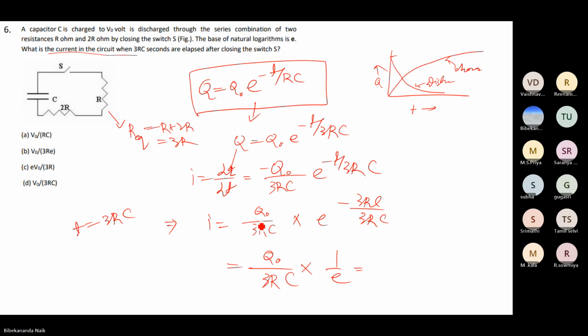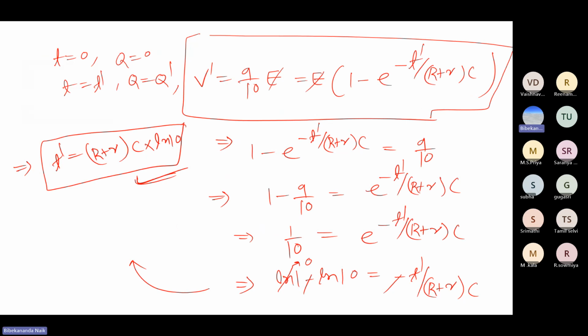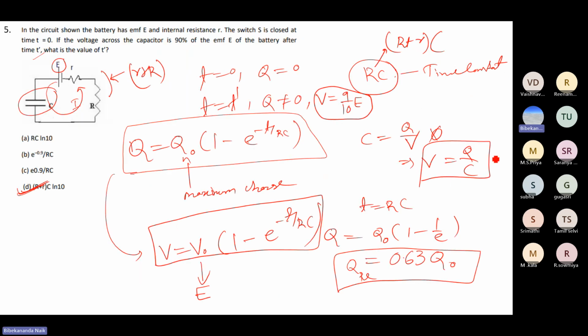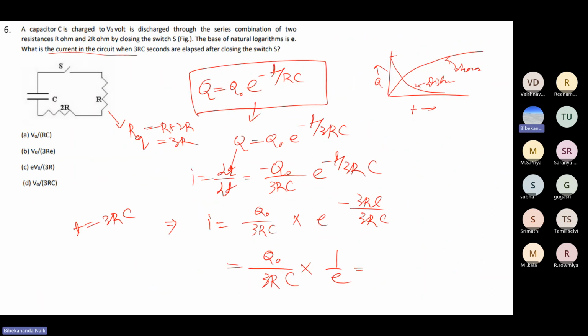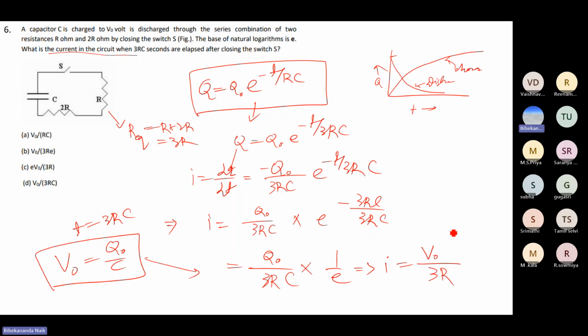And we know V for a capacitor; we have already discussed this relation. V is equal to Q by C. So if the charge is Q0, then the voltage V0 will be Q0 by C. If you put this value here, I will be V0 by 3R into e.